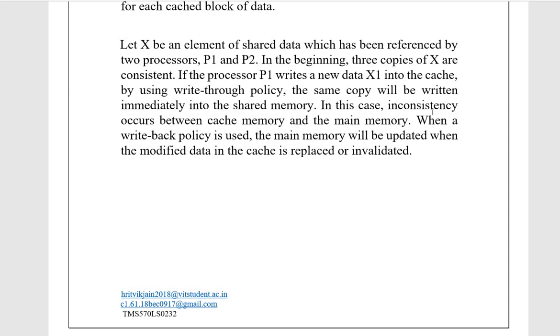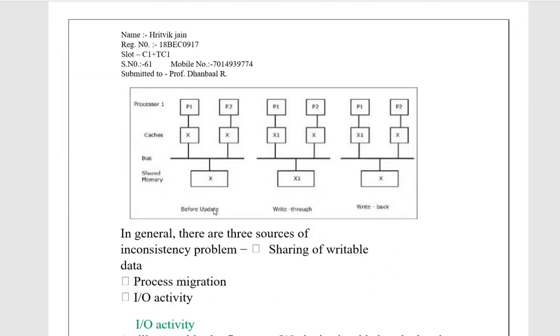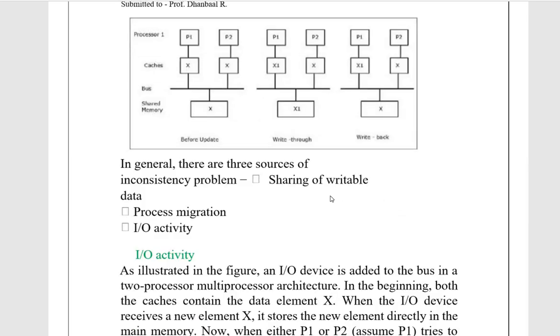In this case, inconsistency occurs between the other cache and the main memory. When a write-back policy is used, the main memory will be updated when the modified data in the cache is replaced or invalidated. So here is the block diagram: write through like this and write back like this.